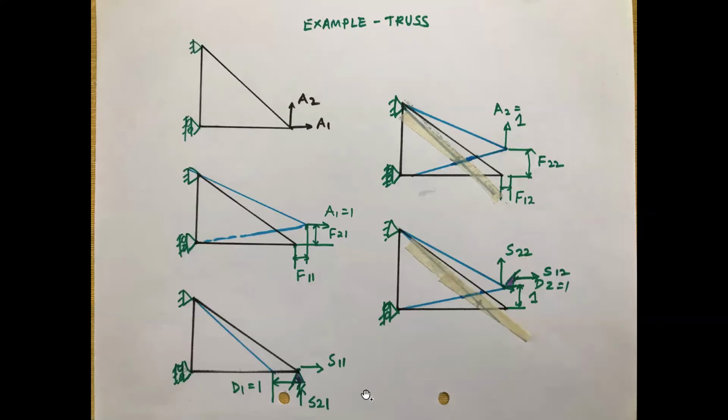What are we doing in this last diagram, the third diagram? What should we do to generate stiffness coefficient? This is the example I am discussing.